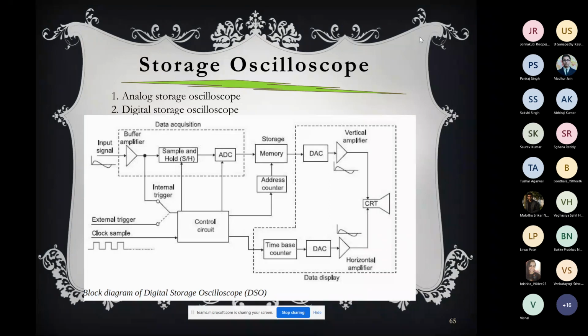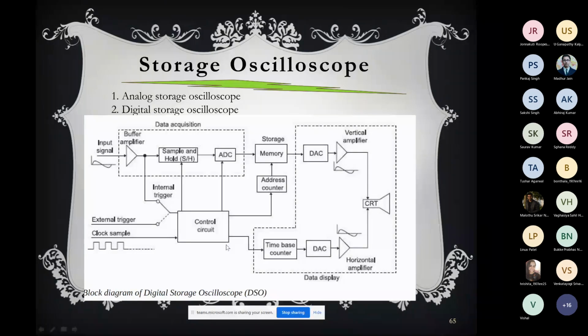In this block diagram you see the CRT, cathode ray tube, and apart from that there are more circuits in the storage oscilloscope. Now let's see what the circuit is.